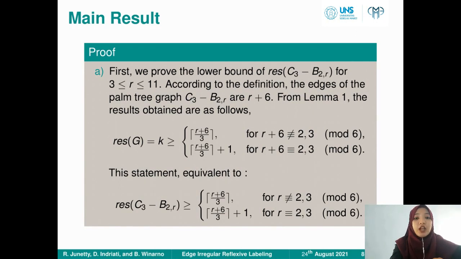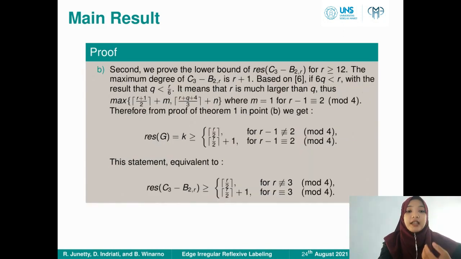This statement is equivalent to res(C3b2r) greater than or equal to the ceiling of r plus 6 per 3 for r not equivalent to 2 and 3 in modulo 6, and the ceiling of r plus 6 per 3 plus 1 for r equivalent to 2 and 3 in modulo 6. At the second step, we prove the lower bound of res(C3b2r) for r greater than 12.